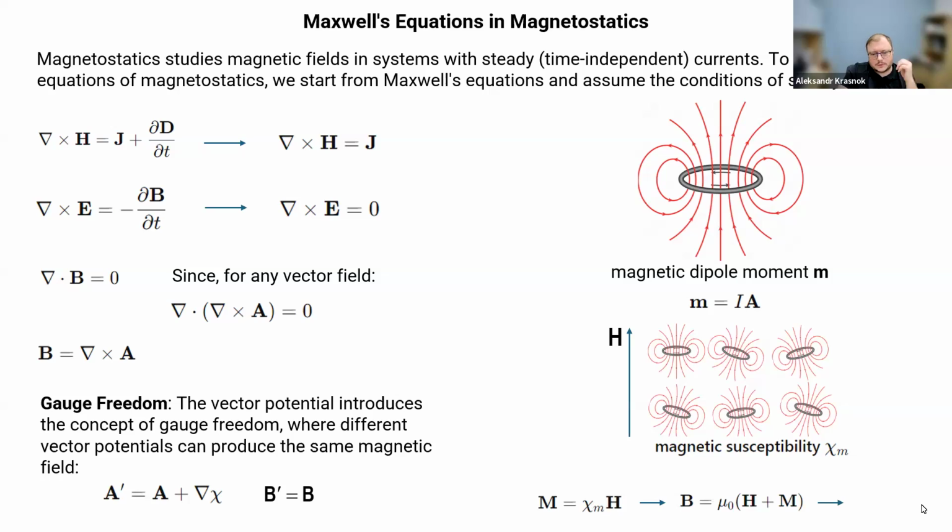Because of this magnetization, the field H is changed, and this is why we introduce a new field B, the magnetic induction, or magnetic field B. Just like in electrostatics, we saw how the electric polarization of a dielectric changes the vector E, and we need to introduce a new quantity, the new field D, right? The electric displacement field.